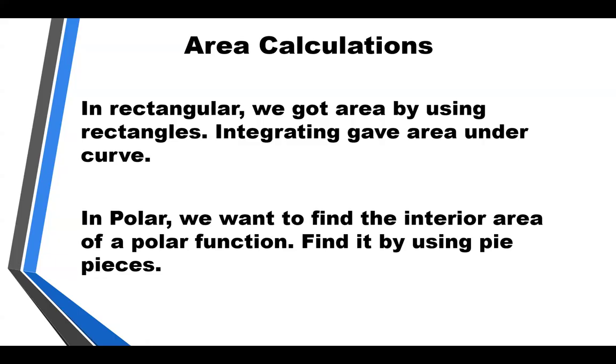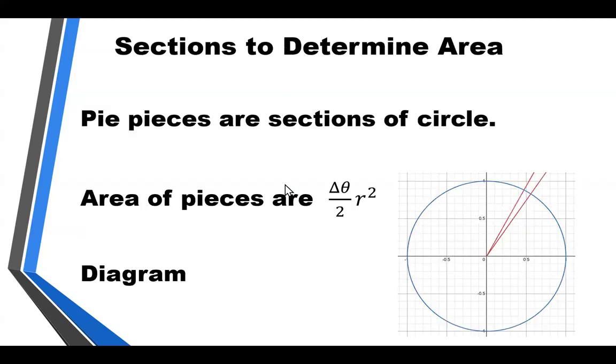Because of the way polar is set up, we take little pie pieces and figure out the area of little pie pieces. When I say a pie piece, I mean a little section of a circle.